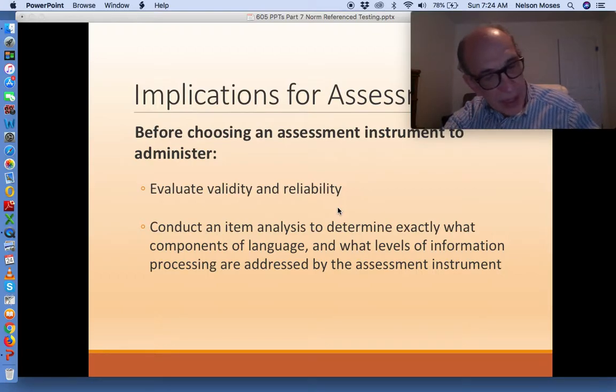The questions that are asked of the client, the pictures that are shown, the technique that's used to gather the information. And we ask ourselves, what exactly is this particular item assessing? What are each of these items assessing? Does that correspond to what the author claims the assessment instrument is assessing? And does that meet the client's needs in the assessment? And does it meet my need as a clinician in this assessment?